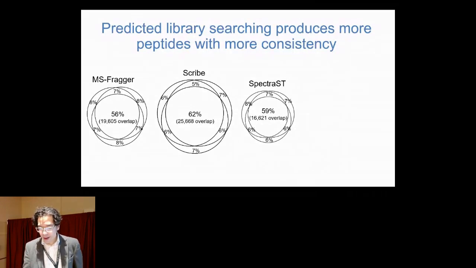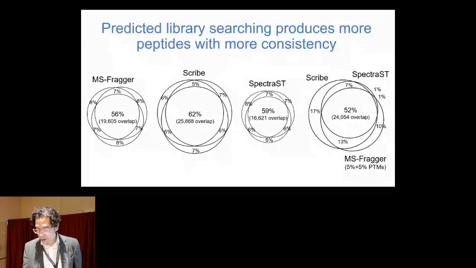What we're finding is that even just within the overlap of the three replicates, we're making about the same number of detections as we were with any one replicate from MS-Fragger. So the results are not just that we're getting more detections, but they're also more consistent.